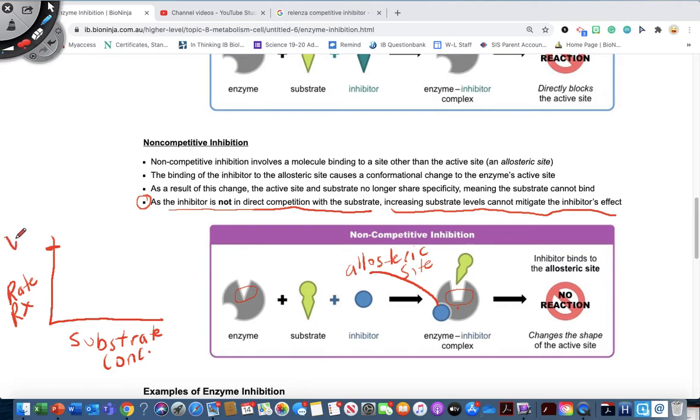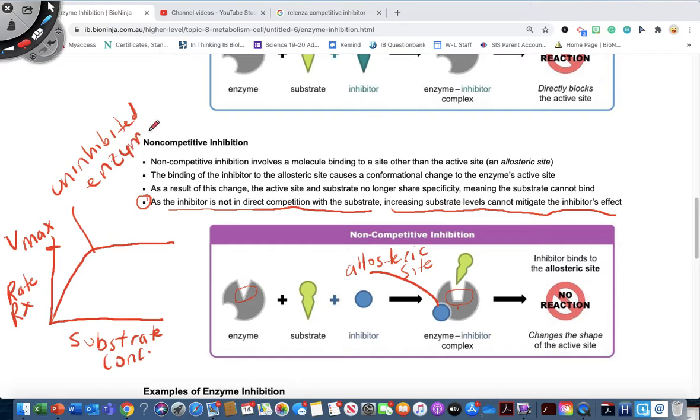And let's call this the Vmax, or the maximum rate of the reaction. In an uninhibited enzyme, as I increase the substrate concentration, I am going to increase the rate of the reaction until I plateau, right? So I can keep adding the substrate, but eventually I'll reach a Vmax because I have a certain number of enzymes, and that reaction is going to plateau. So this is what happens with an uninhibited enzyme.